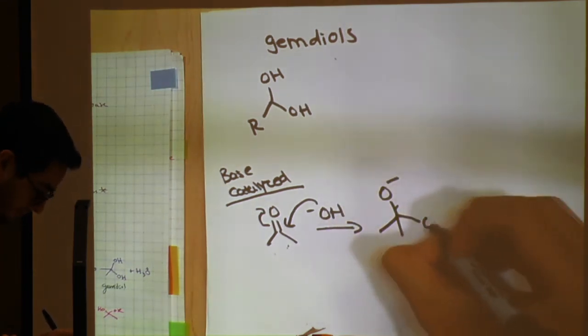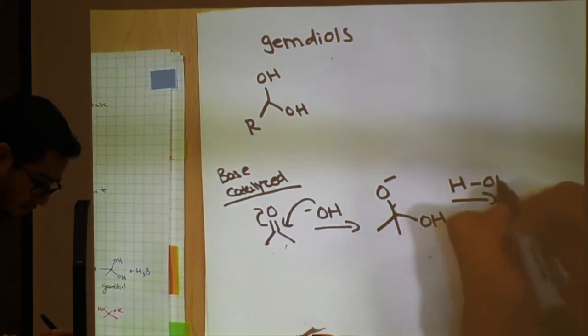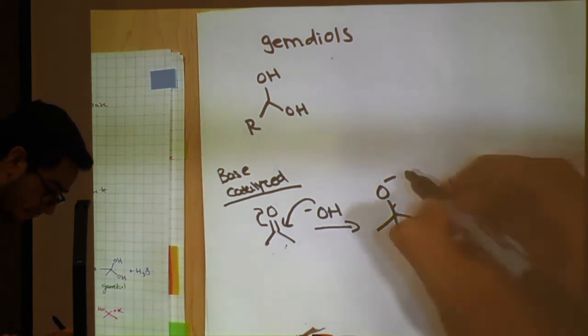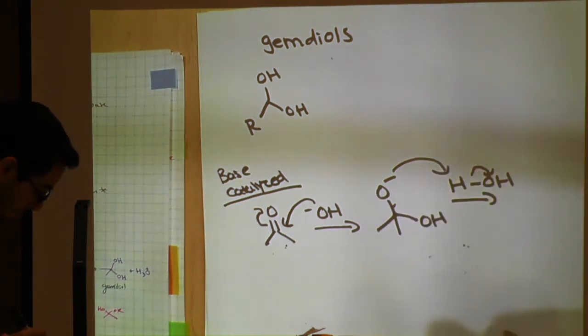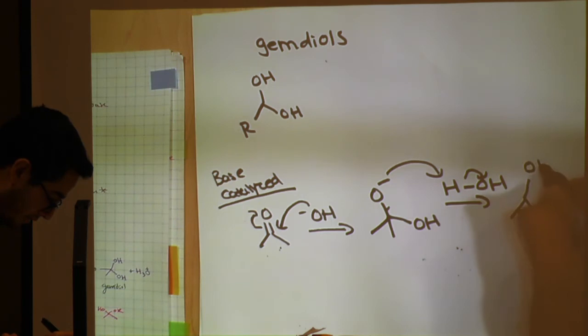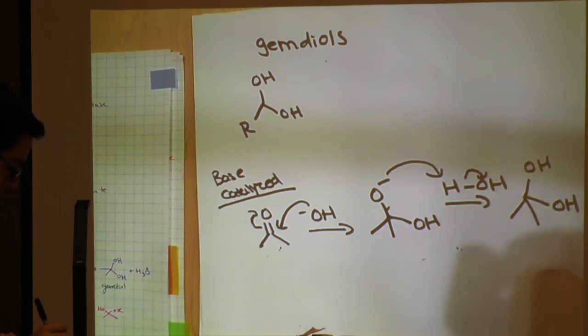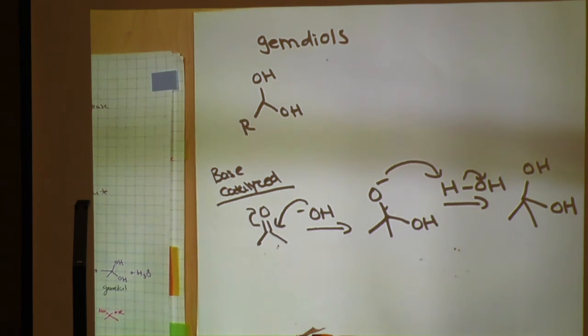And we're going to treat that with water. And so in this case, you have the Gem-Diol, OH, OH. Simple. Base catalyzed tends to be a lot more straightforward because when you have carbonyl formations and we're doing a nucleophilic attack, we don't have to protonate, we don't have to do any proton transfer. It's just straight and to the point.